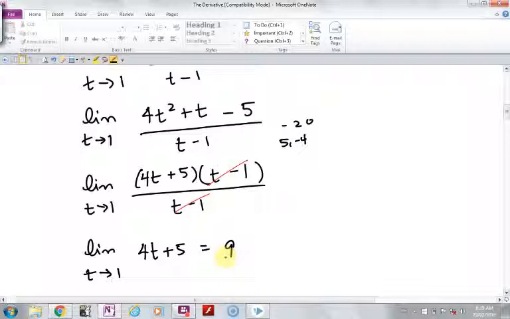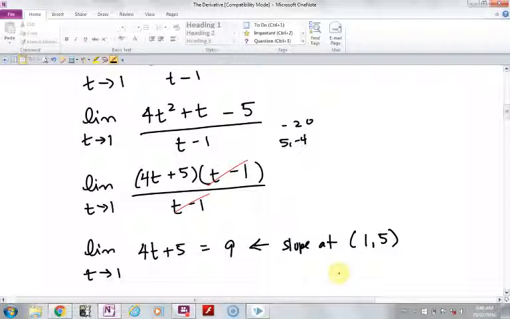Okay? Everybody okay with that? So what does that number represent? The slope. So this is the slope at that point. Okay? That's what we just found. The slope of that curve at the point 1 comma 5.